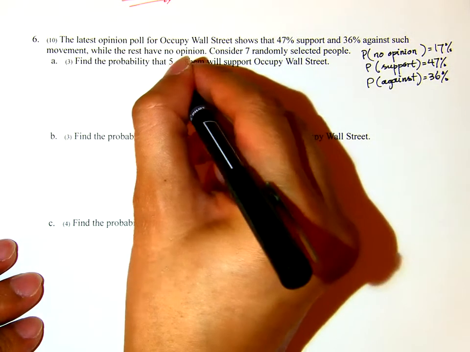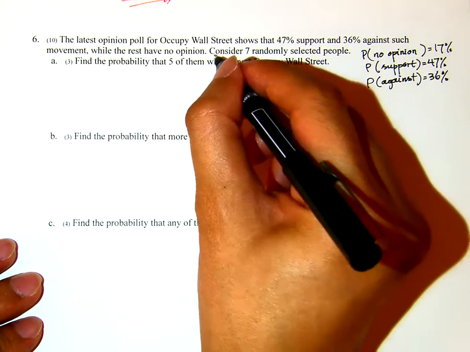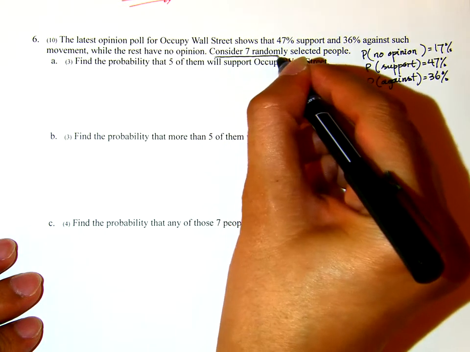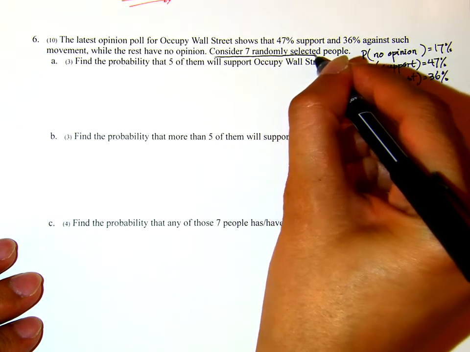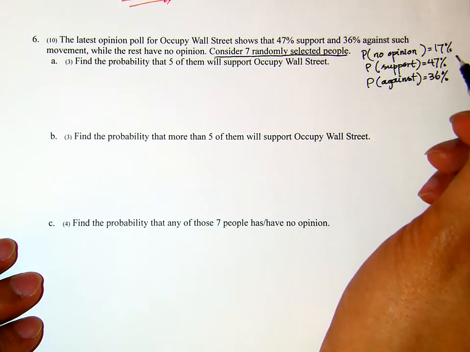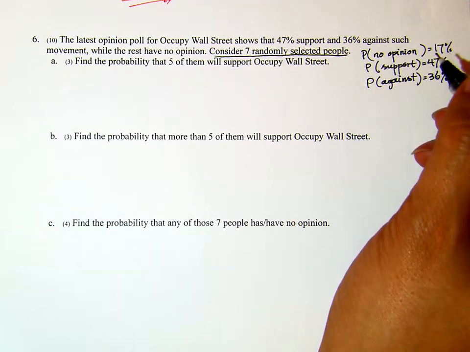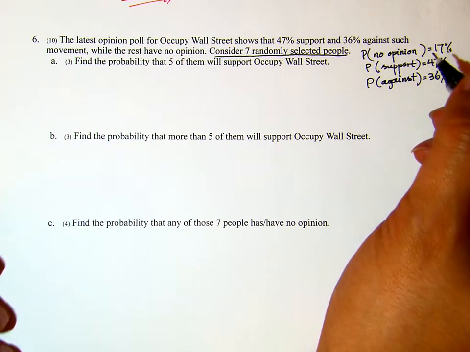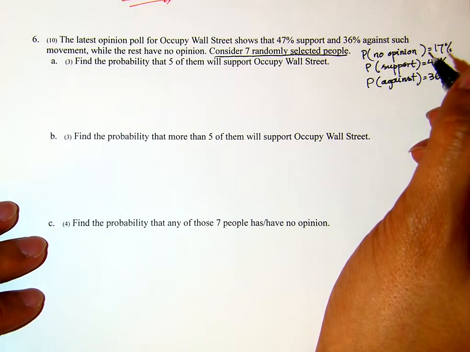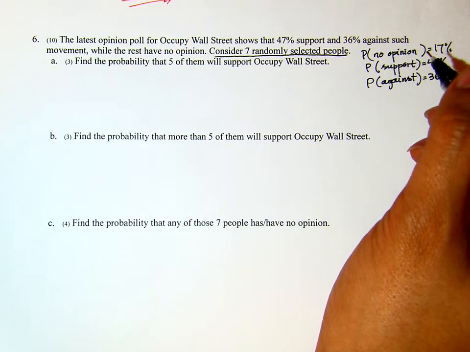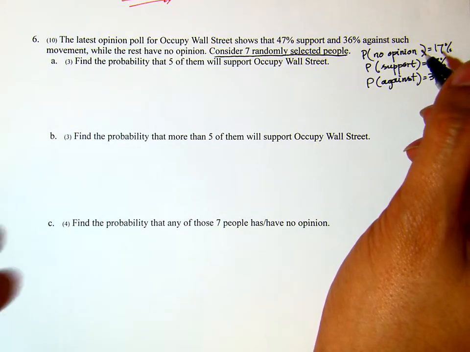Now, we are dealing with, hold on. The situation here, the experiment, is you consider 7 randomly selected people. It means we have 7 independent trials. Okay? Which means the case we have here will be a binomial case.